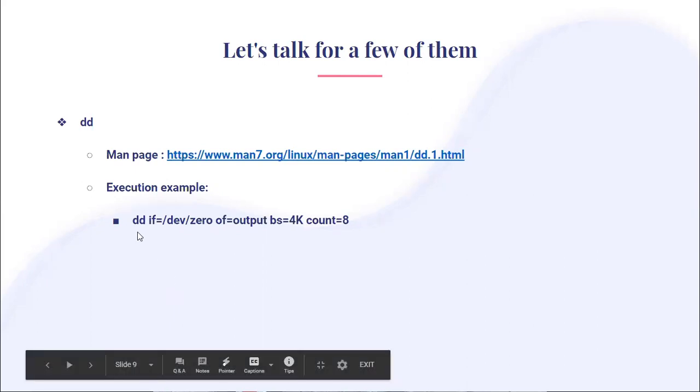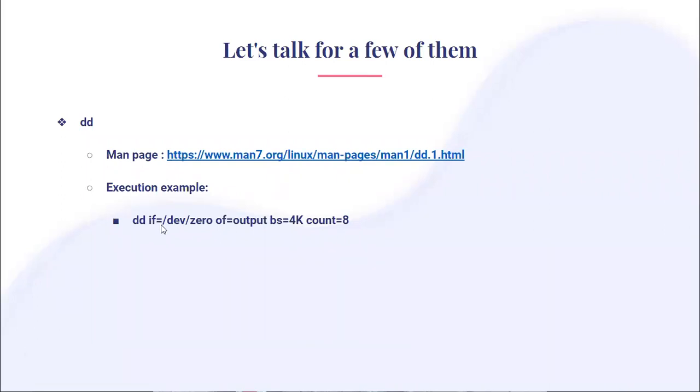Here is an example, just simply dd. We are saying if, which is the input file, and we are utilizing /dev/zero, which is nothing but nulls. And we're saying of, which is the output file, and we give our file name. As I said, block size: the block size I'm giving is 4K, and count is 8. Count is how many blocks you want in a particular IO.